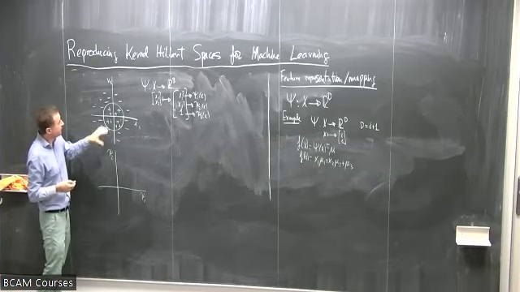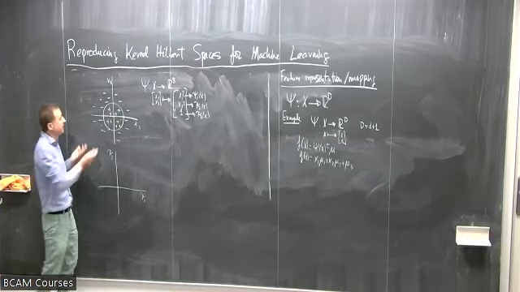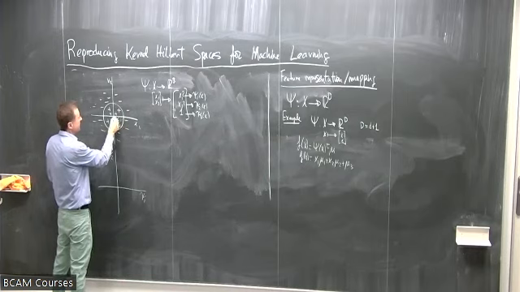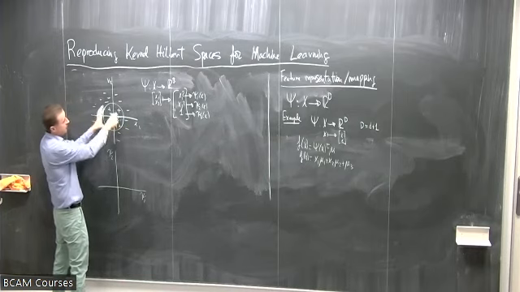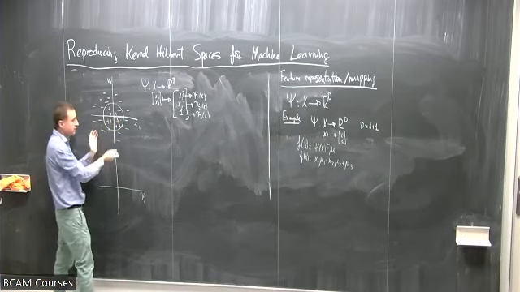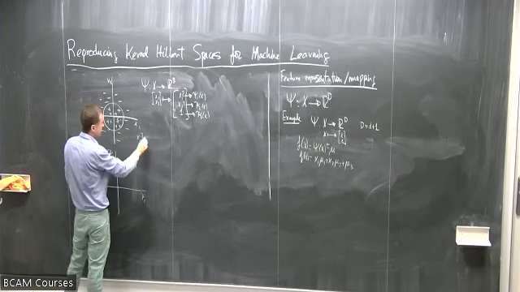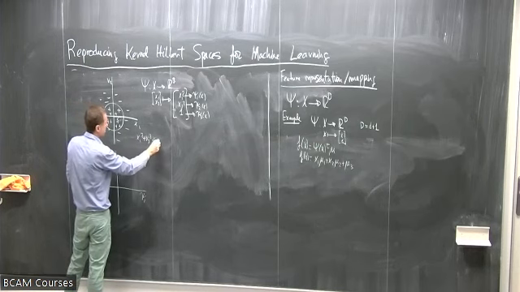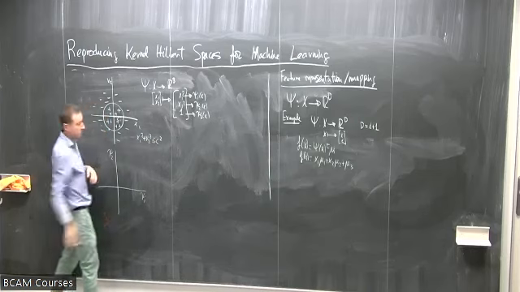Exactly. So basically, if this is C, the points inside this circle satisfy x1 squared plus x2 squared smaller than c squared.